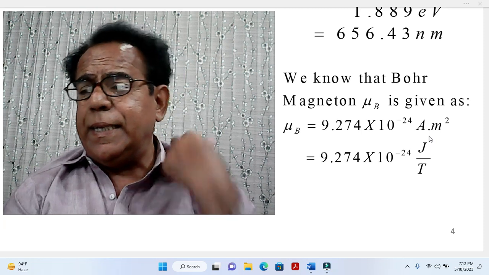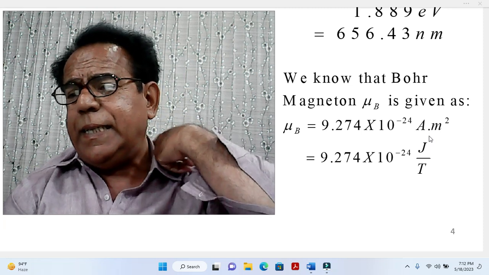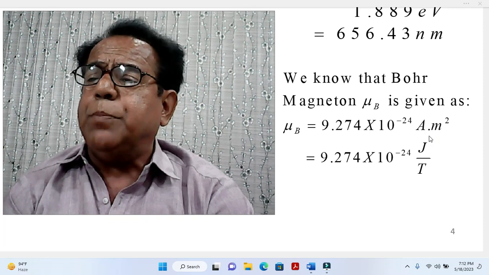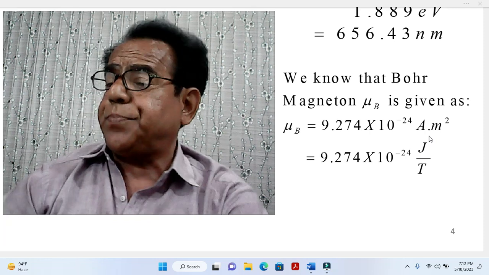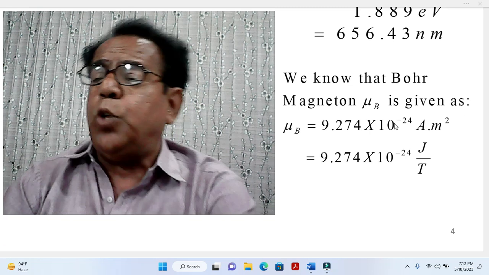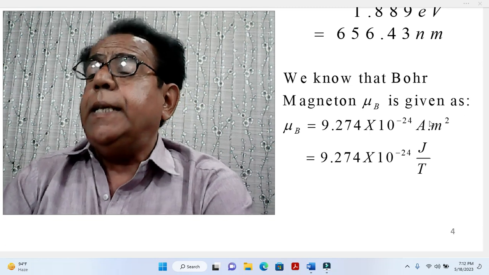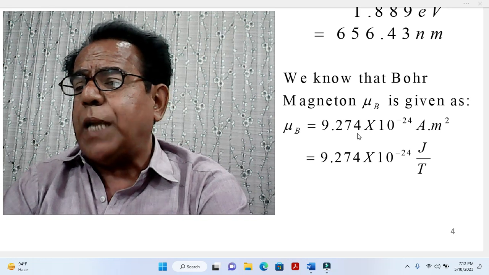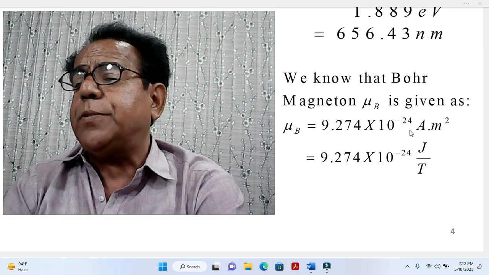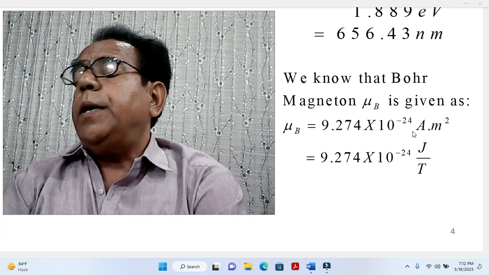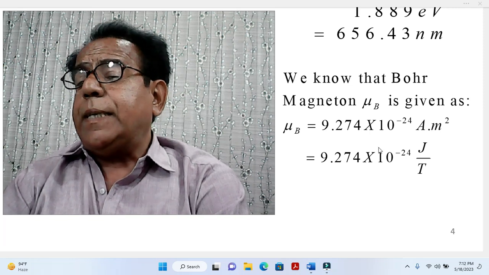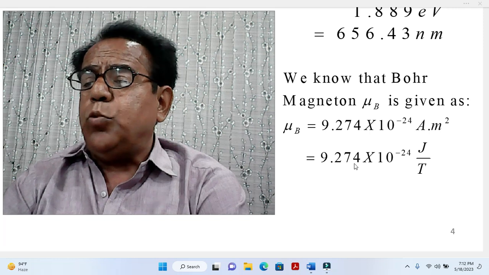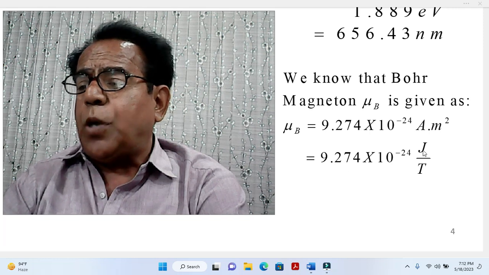But here it gives rise to a new term, Bohr Magneton. We know that Bohr Magneton mu b is equal to 9.274 into 10 to the power minus 24 ampere meter square, and is alternatively equal to 9.274 into 10 to the power minus 24 joule per Tesla.